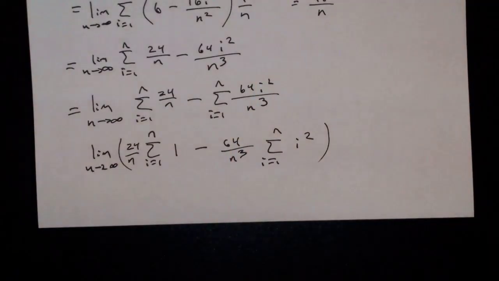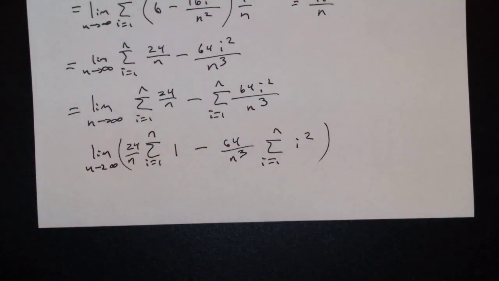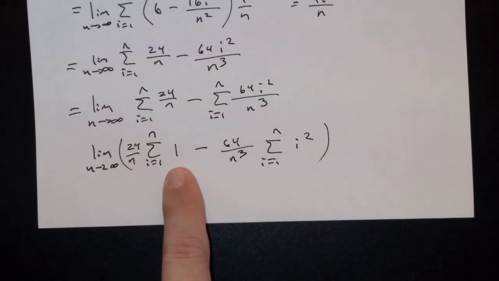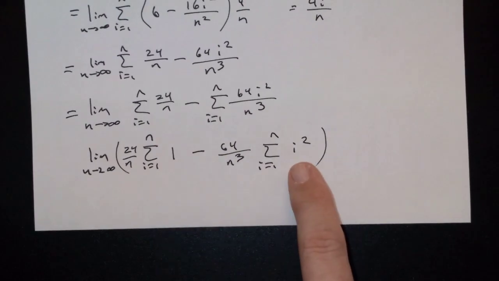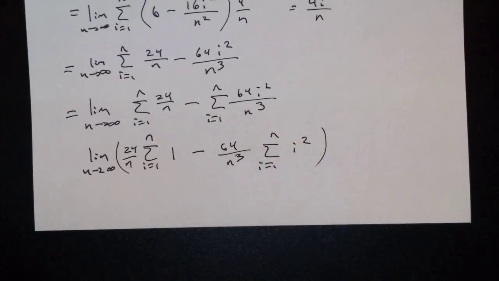And isn't that exactly what I'm adding up here? So I know this sum can just be replaced by the letter n. And this can be replaced by that expression, n times (n plus 1) times (2n plus 1) all over 6.